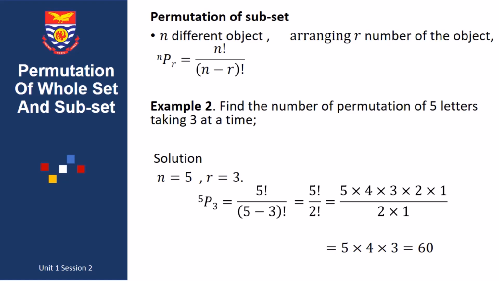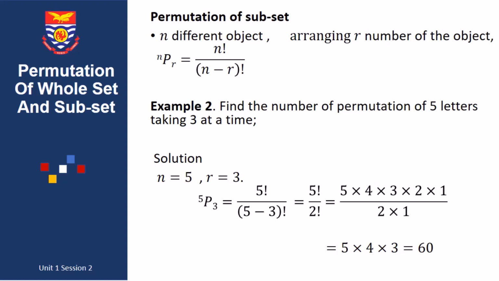So in this case, our n will be equal to 5 and our r is 3. By the use of the permutation formula, we're going to have 5 permutation 3, and this gives us 5 factorial all over (5 minus 3) factorial, and 5 minus 3 will give us 2.